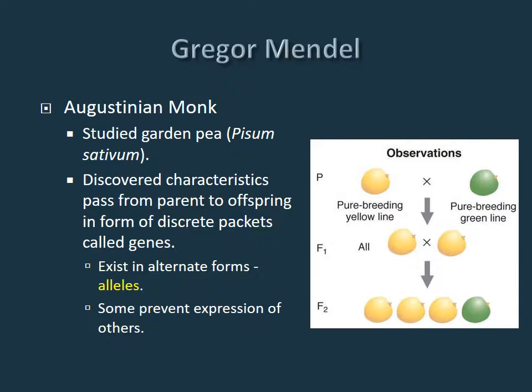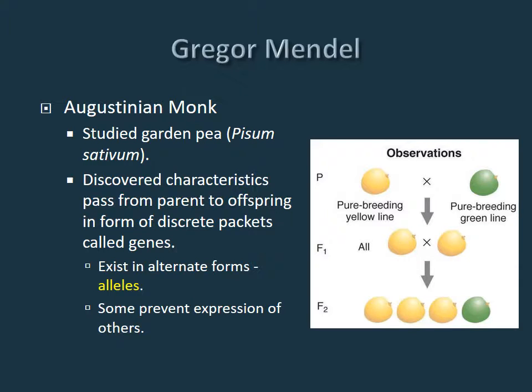So he was an Augustinian monk. One thing that he studied in his garden was the garden pea. And he discovered from breeding peas of different colors and flowers of different colors that characteristics pass from parents to offspring in discrete packets called genes.